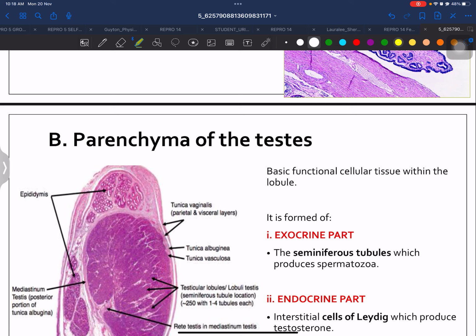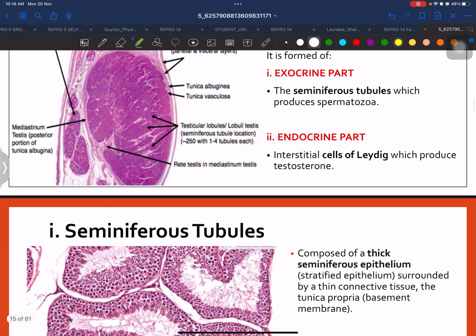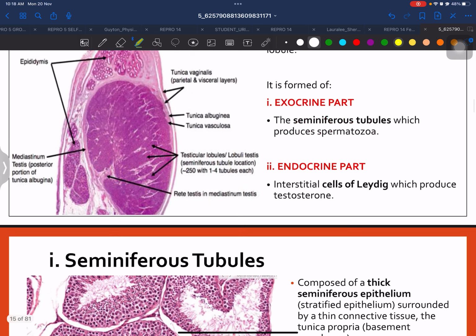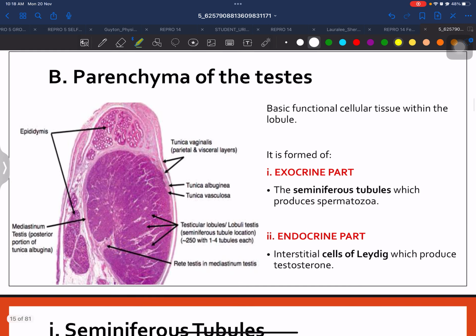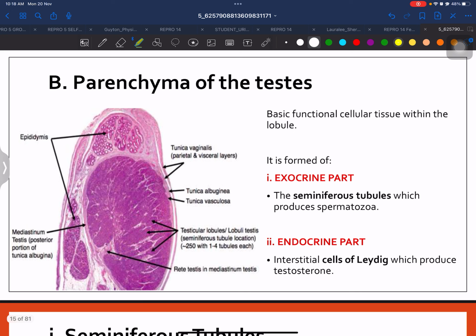Then we have the parenchyma, the mass of the testis itself. This parenchyma contains the basic functional cellular tissue, which is the seminiferous tubules and the Leydig cells. Seminiferous tubule is the exocrine part, which produces the spermatozoa.